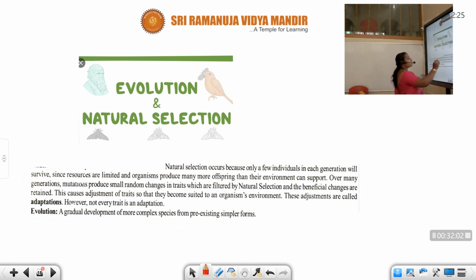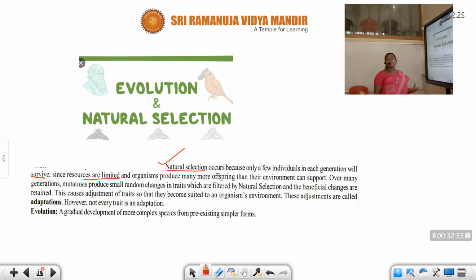Students, natural selection occurs because only a few individuals in each generation will survive. As generations continue, only a few individuals can survive, whereas the remaining all die. What is the reason? Simply the principle of natural selection, since resources are limited and organisms produce more offspring than their environment can support.